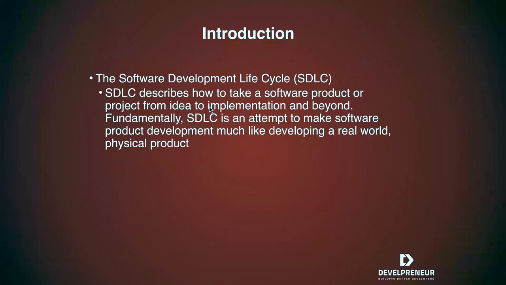We want to do software in a somewhat similar way, where it's a very repeatable process as we go from product to product. It covers the things that we do with every piece of software, and it's not necessarily specific to any one solution.